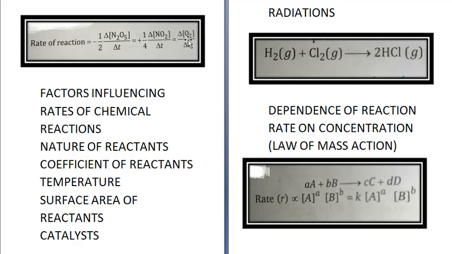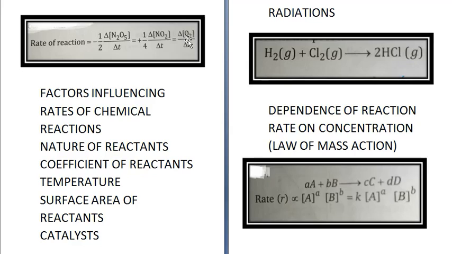Next is concentration of the reactant. Concentration of reactant is directly proportional to the rate of reaction. Third is temperature. The rate of reaction in most cases, in a homogeneous reaction mixture, is doubled or even tripled by an increase of 10 degree Celsius.